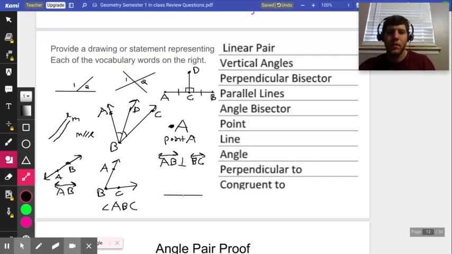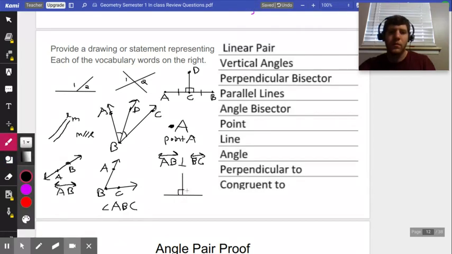Close enough. Okay, so these would be perpendicular. AB, right, and then BC. Arrows here, arrows here, arrows here. Right, those would be perpendicular.